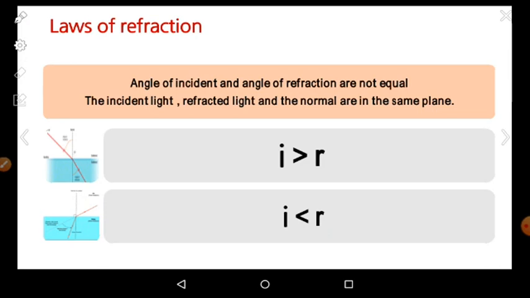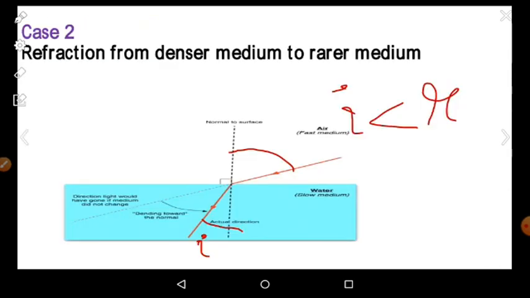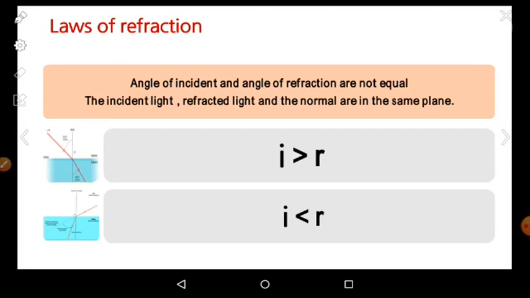The second thing is the angle of refraction is not equal to angle of incidence. And the third point to be observed is that the incident light, refracted light, and the normal are all in the same plane. So these are the laws of refraction.